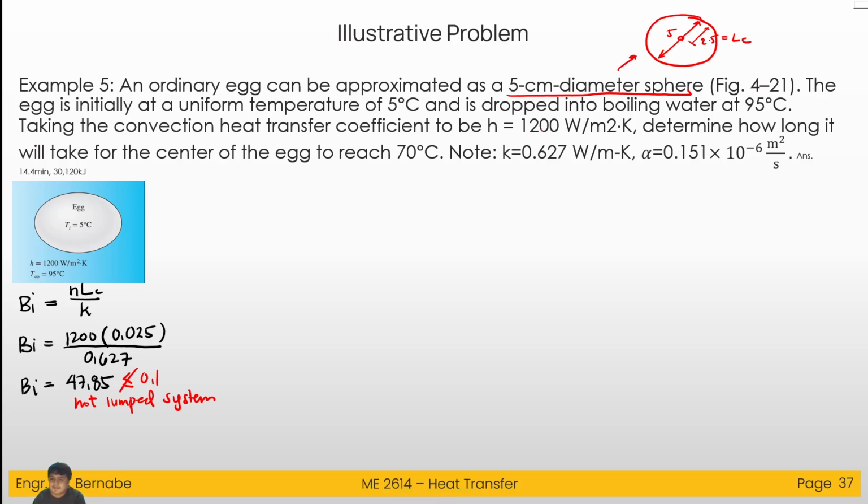Okay. So again, for spheres, to find the temperature difference theta, you have A1 e raised to negative lambda1 squared tau, with the sine term. I always forget the formula.